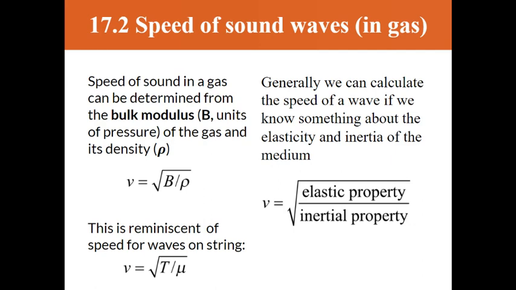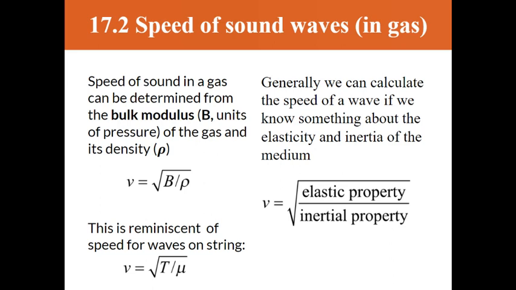The elastic property tends to make for faster mediums the more elastic a medium is, because think of this elastic property as your spring constant. This is the tension on the string. This is your bulk modulus. This is essentially how stiff something is, and as such, the more you displace that from equilibrium, the more it wants to fight back and get back to equilibrium as soon as possible.